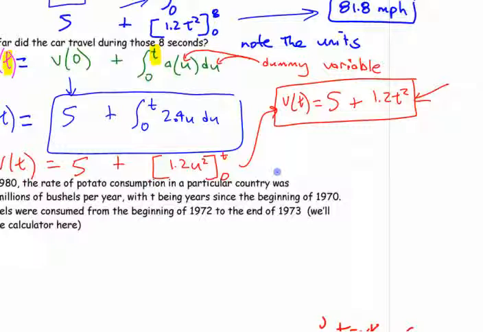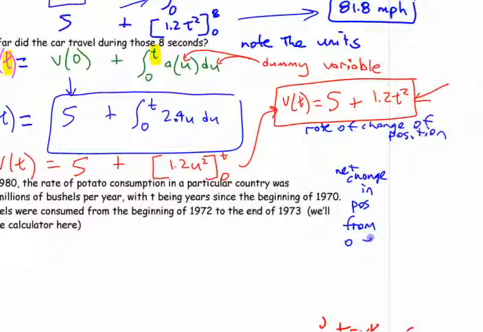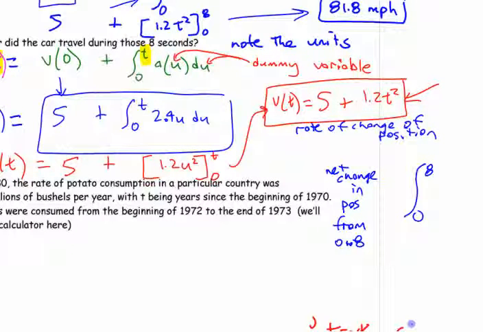So if we want now the position, how far did it travel during those 8 seconds, we want the integral of that function, because that's the rate of change of the position, right? If you want the net change in position from 0 to 8 seconds, you do the integral from 0 to 8 of this function that we just came up with for velocity.